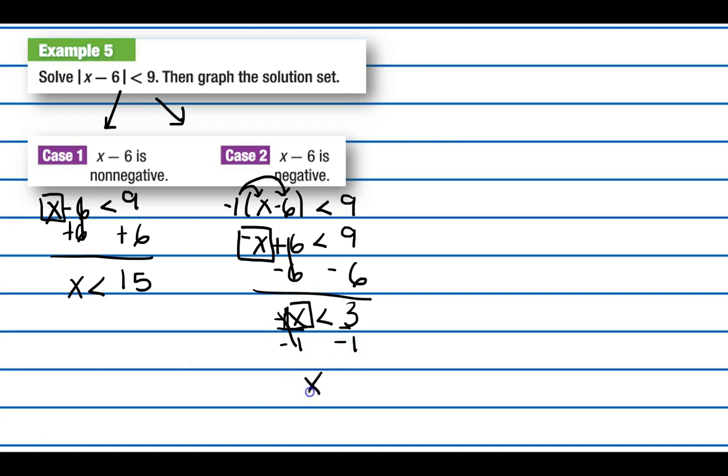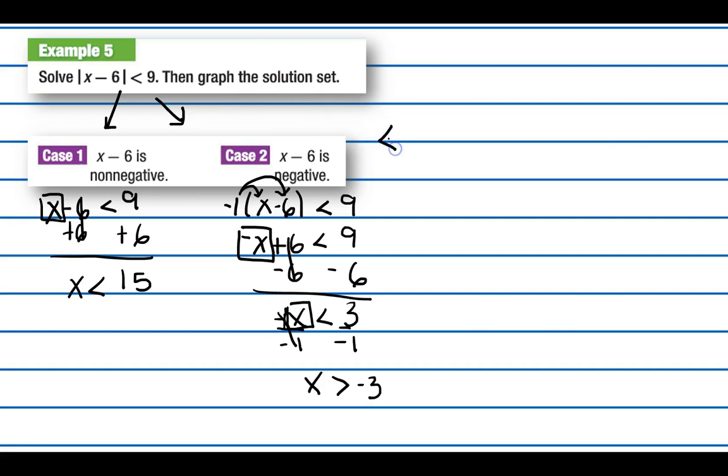When I divide both sides by a negative, remember, you need to flip your sign. This is a less than, it now becomes greater than. So 3 divided by negative 1 is negative 3. And don't forget to flip the sign. So now I have my two solutions, and now I need to graph it.